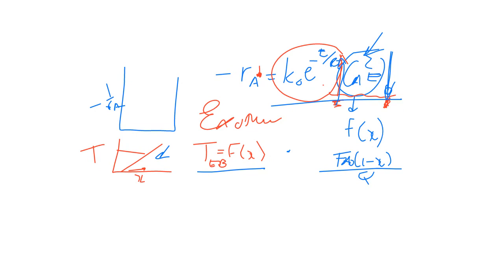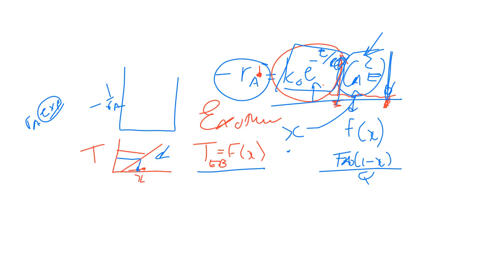It's just that for a specific value of X, I can calculate the concentration. For a specific value of X, I can calculate the temperature, and therefore I can calculate my rate. So what happens? This dependence is exponential. So the rate depends exponentially on temperature. And the higher your activation energy, the more pronounced that effect.